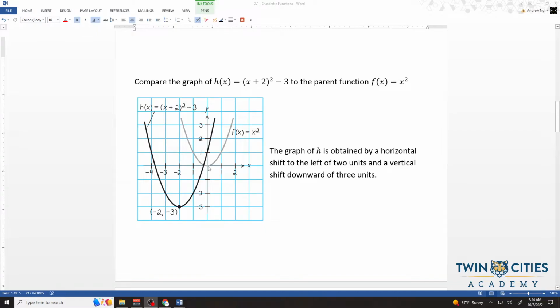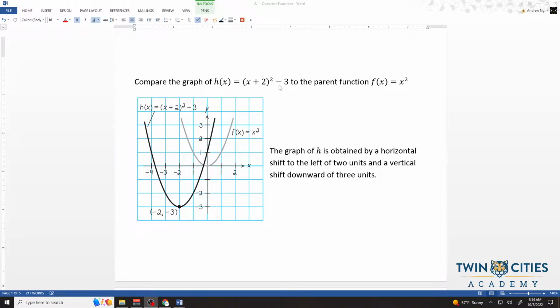And when we compare these two, again, the grayed out one is just our parent function, f of x equals x squared. And this black one, that's a little bit more bold, this is h of x equals x plus 2, and then that whole thing squared, minus 3 at the end. Well, as we can see, our vertex went from 0, 0 to now negative 2, negative 3.